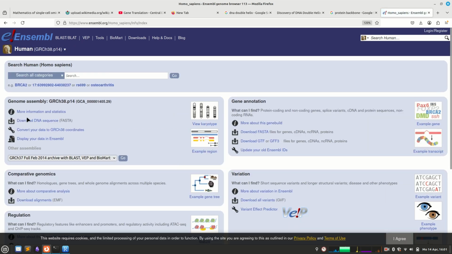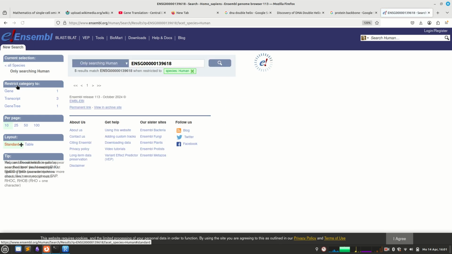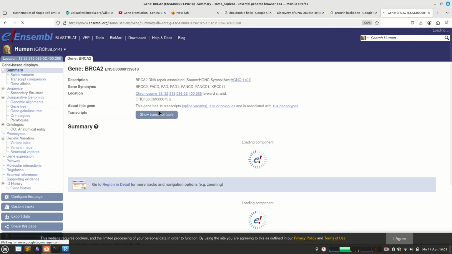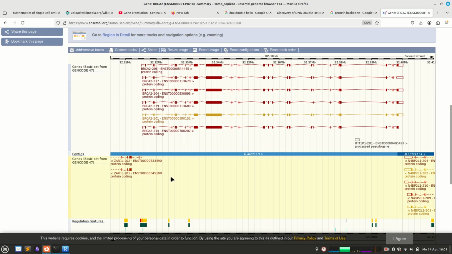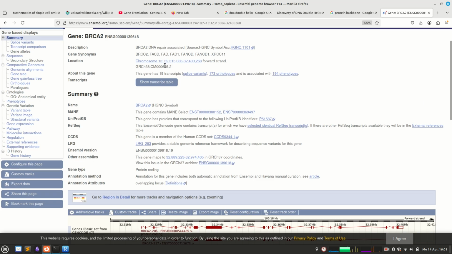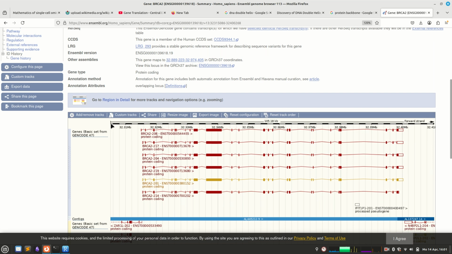Let's take this one here. No, this thing is again too small. Here we see a stretch of chromosome 13 from position 32 million to position 32.4 million.